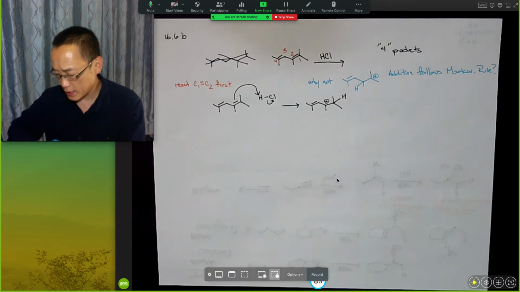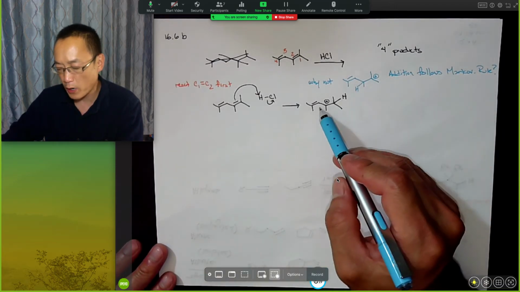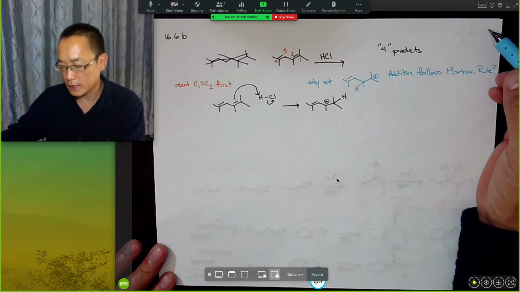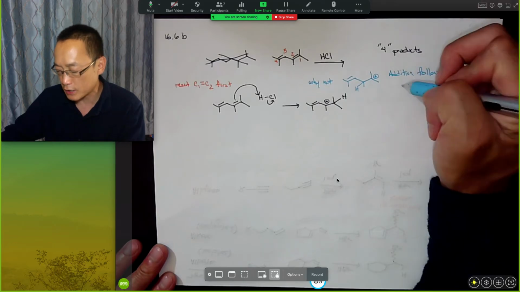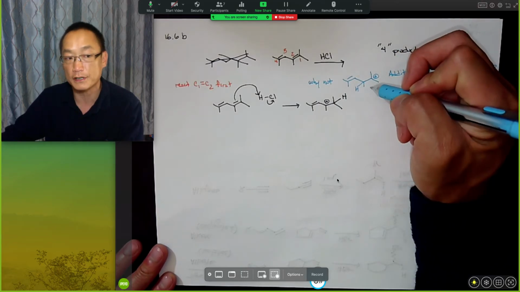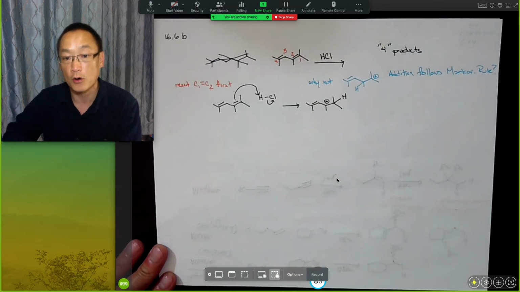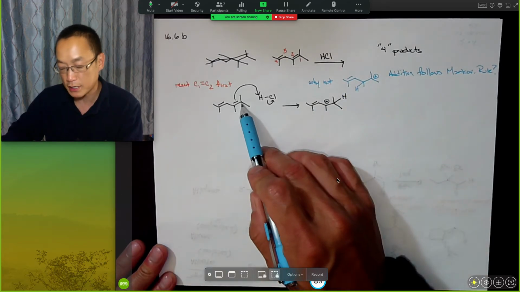And in this case, we have two possible ways that this could add here, and I want to suggest that this is not Markovnikov addition. This is Markovnikov addition hidden, even though you don't see hydrogens at these two positions.